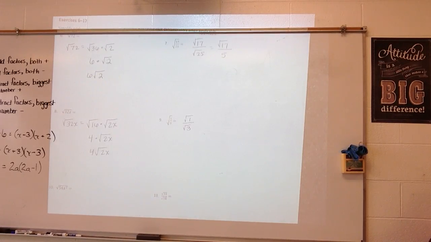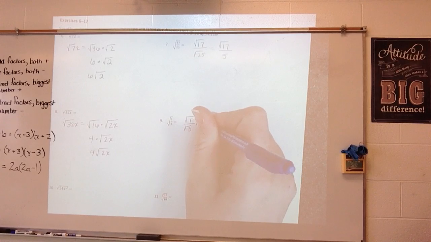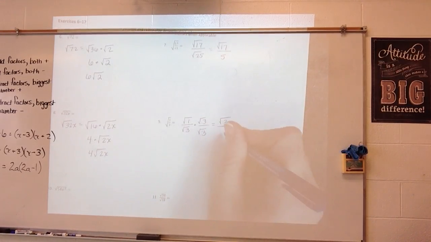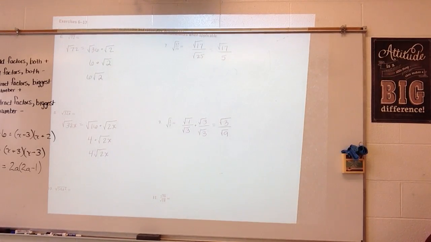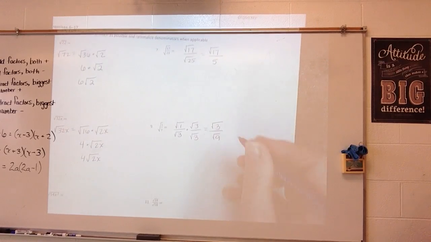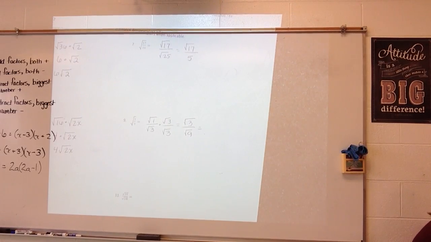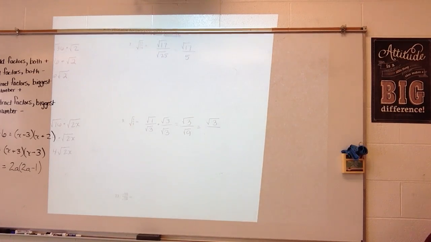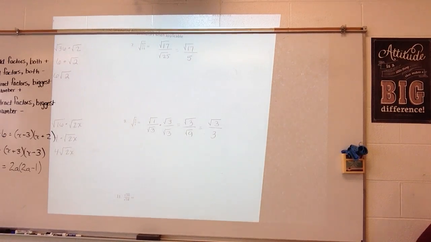So I'm going to multiply both sides by square root of 3. The square root of 1 times the square root of 3 is the square root of 3. And the square root of 3 times the square root of 3 is the square root of 9. The square root of 3 I can't do anything with because 3 is prime. And the square root of 9 is 3. And there's my answer.